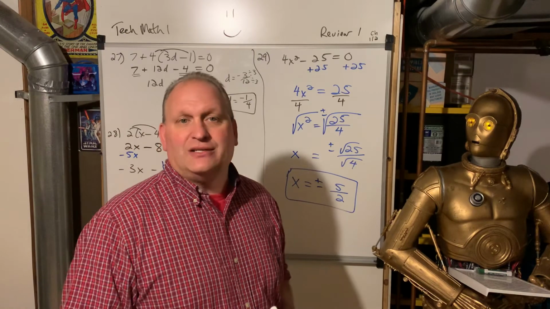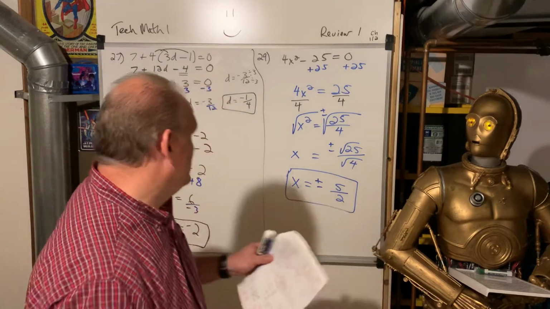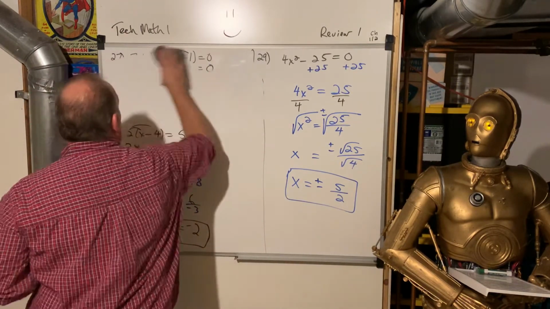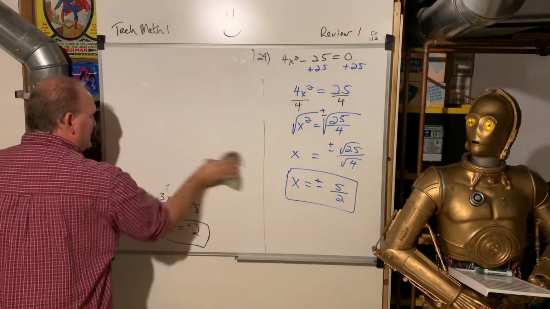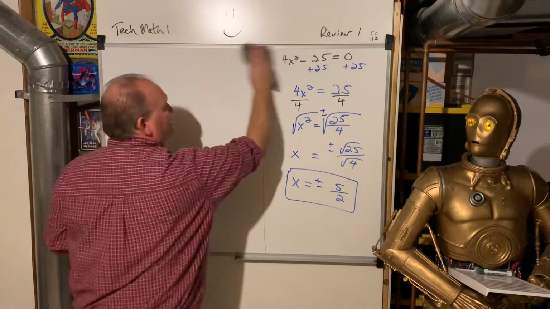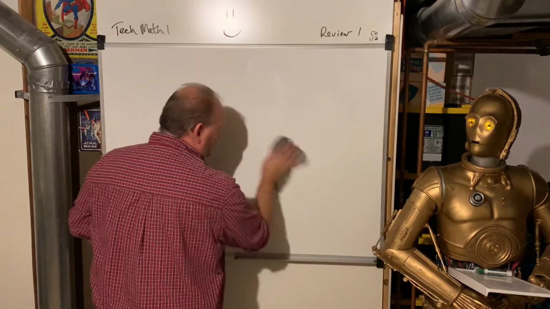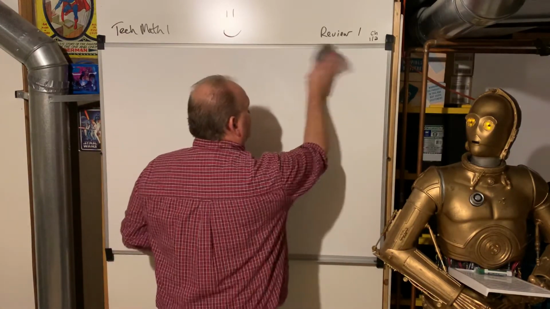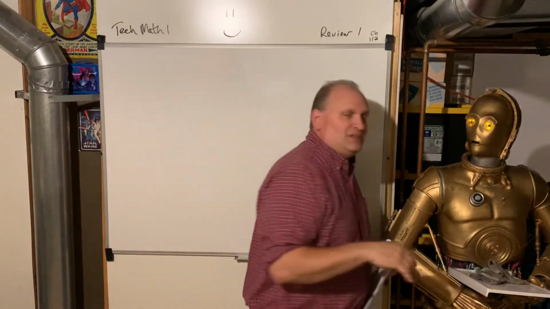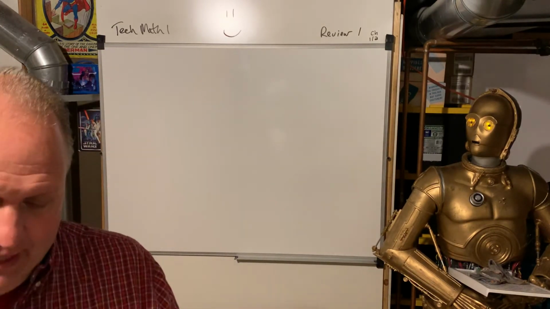And so that's called a domain restriction, where we don't want to look at it if it's negative. We're only worried about positive answers. And so then we drop that negative anyway. So later on, as we go through this course, you're going to see a lot of the times we only put down the negative version.